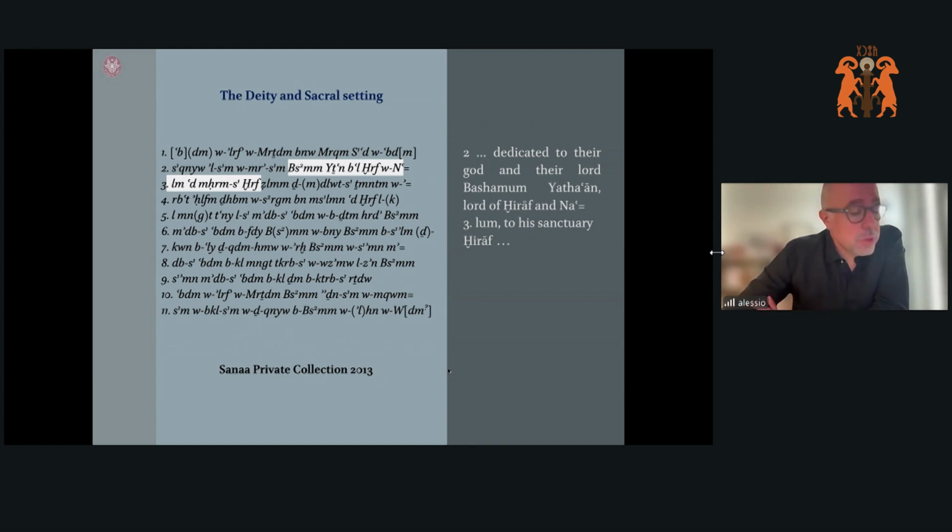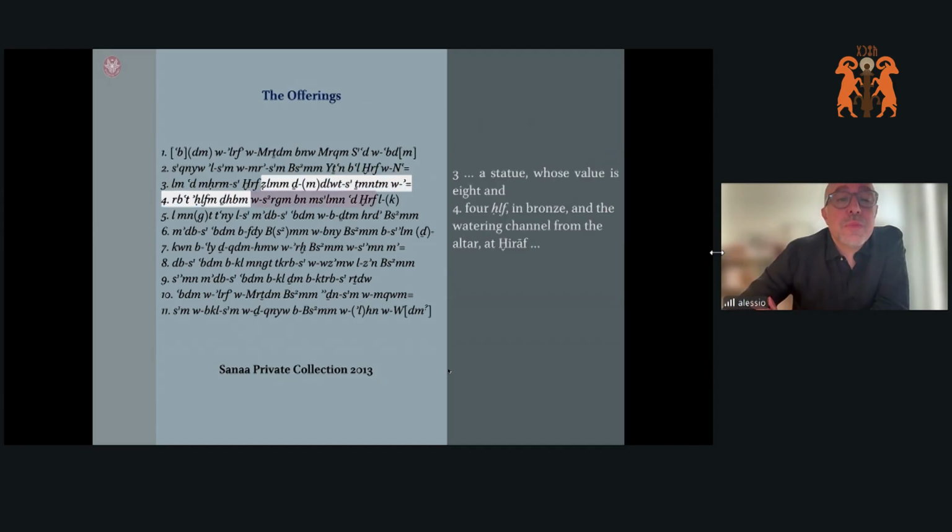The dedication consists of two objects. First, a statue, spelled Zalamum rather than the expected Salamum, a phenomenon I will return to later, whose value is specified as 8 and 4 khalif in bronze.